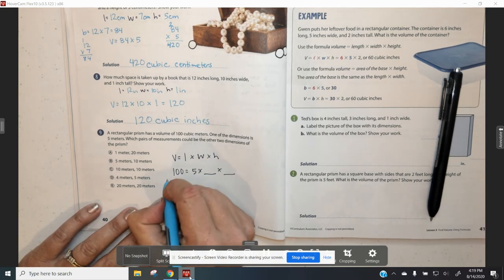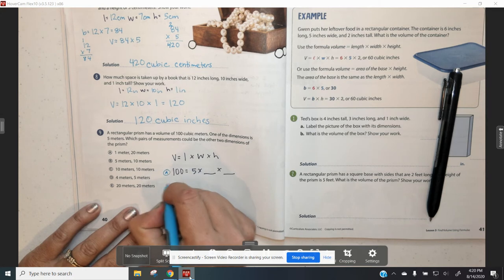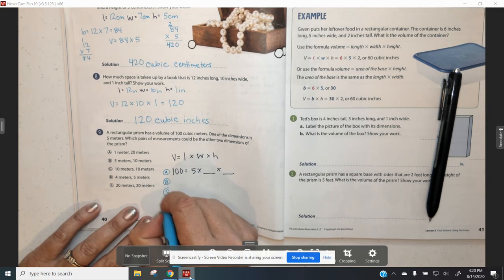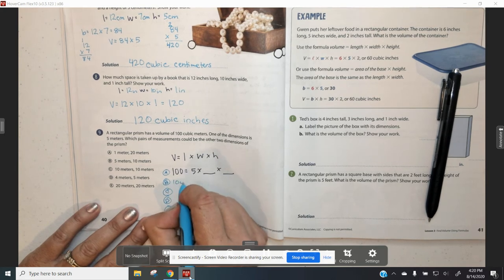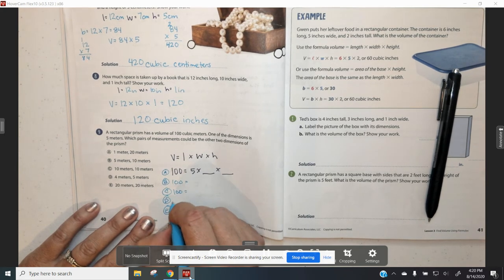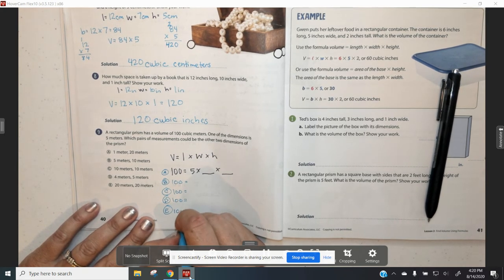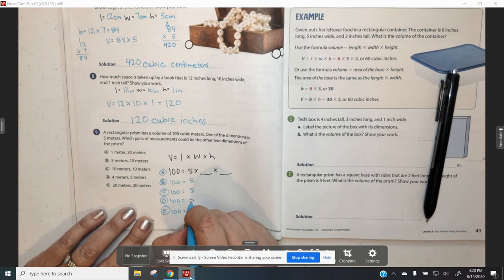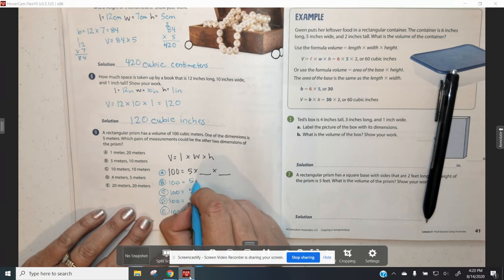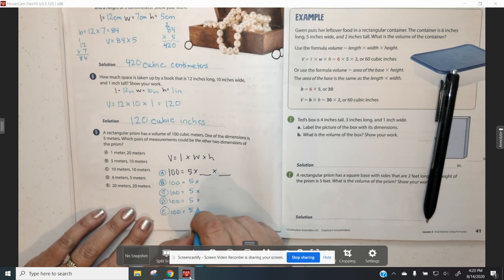So this is going to be A. We have B, C, D, and E. So 100 equals, they all have the same volume. We know that one of the measurements is 5. And what we don't know is what the other 2 measurements are.